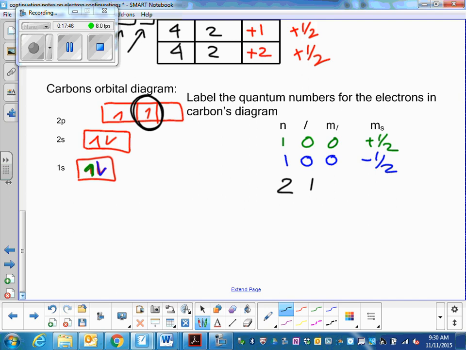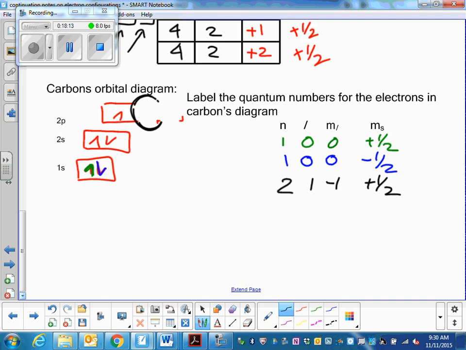An electron can be here or here. Does it really matter? It doesn't matter, right? Give me any one. I'm going to say it's minus 1. And then it's an up spin, so I'm going to say it is plus half.